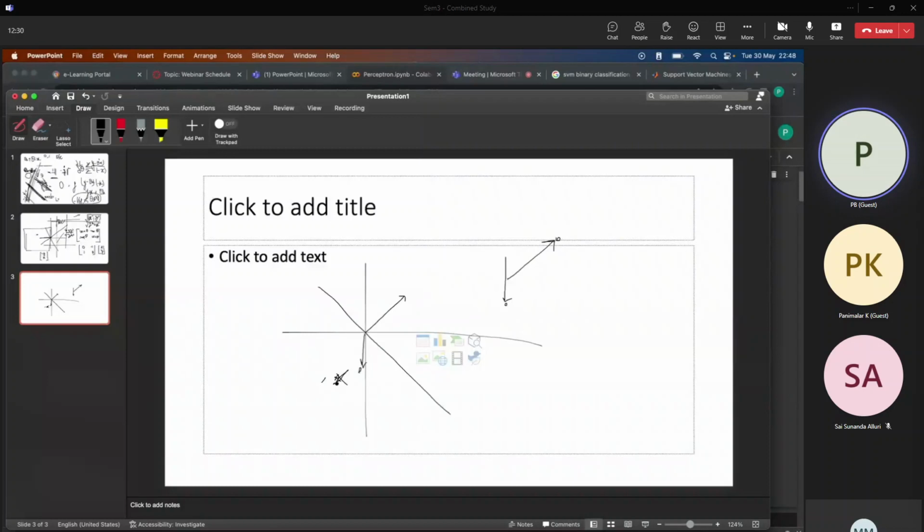And if something is plus and I'm trying to classify it as minus, this is also an error. So if I multiply the actual value with the predicted value, what I get is a term which is negative in both the cases. Correct? Yes or no?